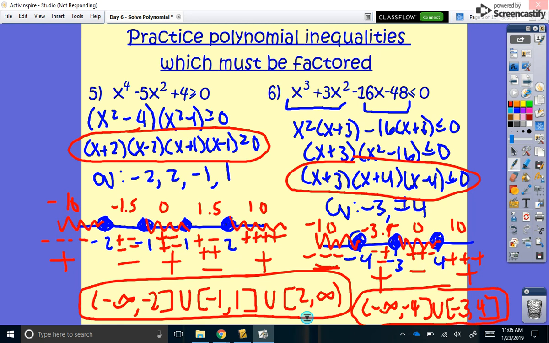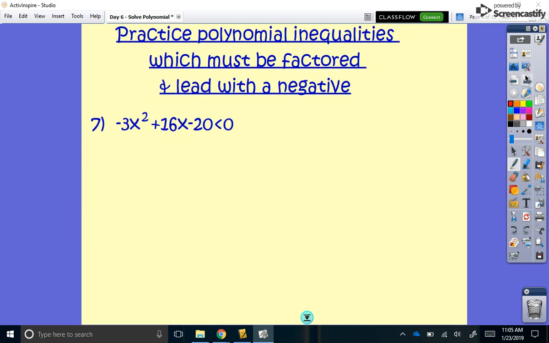So let's see what we have left. If you have a negative leading coefficient, I'm just going to show you how you would start this one.